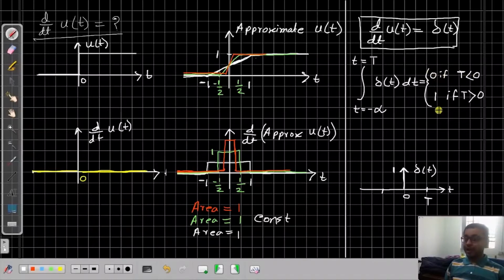And you should now recognize that this is the definition of our u(t). So this is again another important result. The derivative of u(t) is delta(t), and the integration of delta(t) is u(t). This should be capital T, okay? Because this is a function of capital T and not of small t.